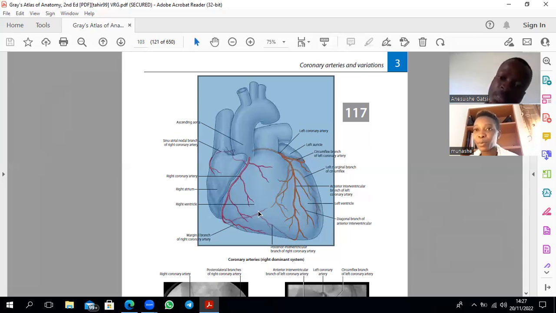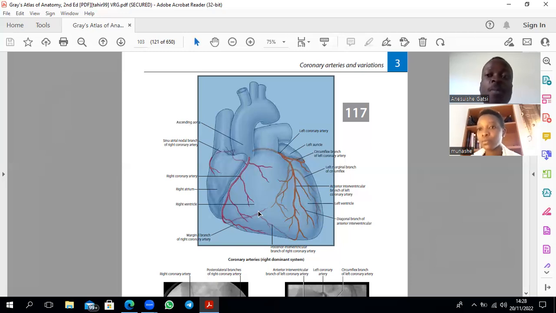Then you did the conducting system of the heart. Even with the anatomy, there's the SA node, AV node, the bundles, whatever. So the conducting system of the heart is mostly on the right side. Yes. But that doesn't mean all its blood supply comes from the right coronary artery. Most of the parts, the blood supply will come from the right coronary artery.